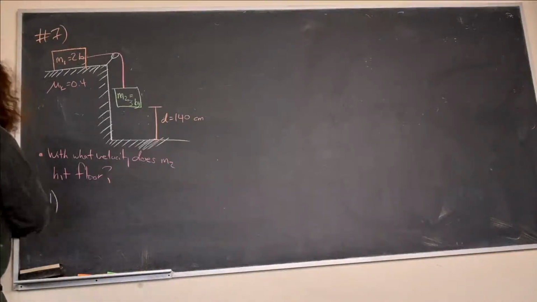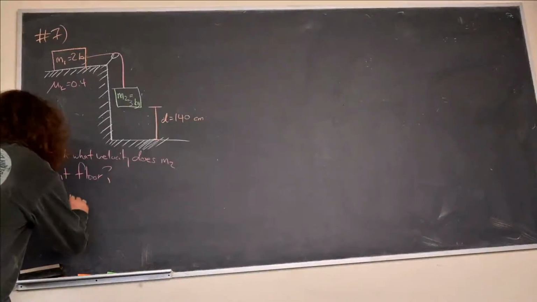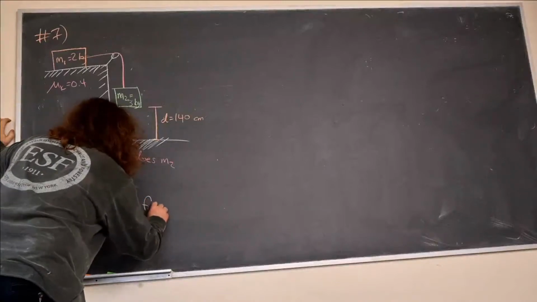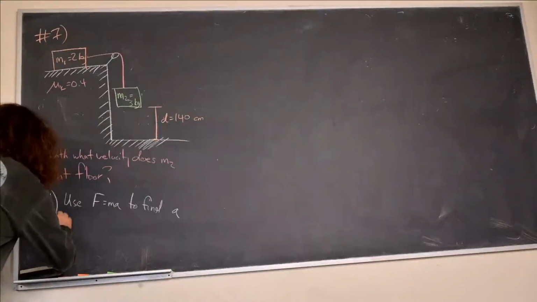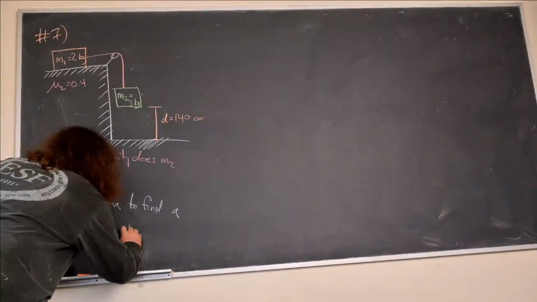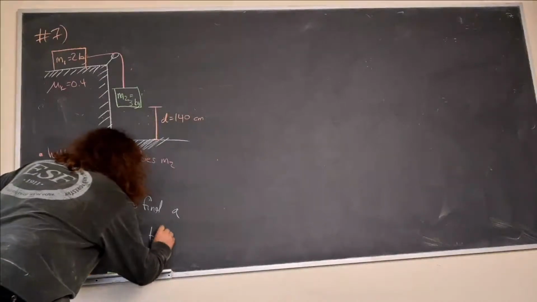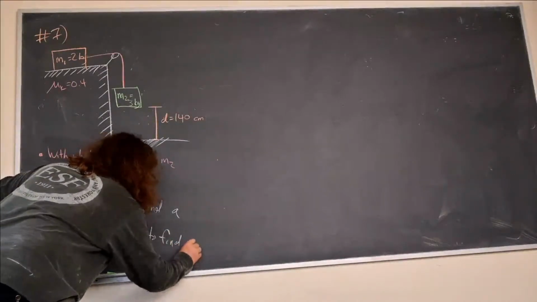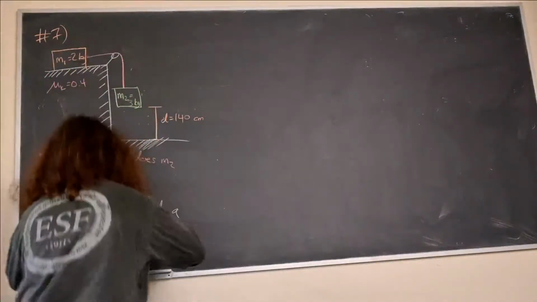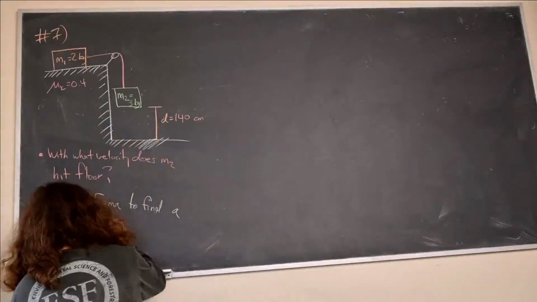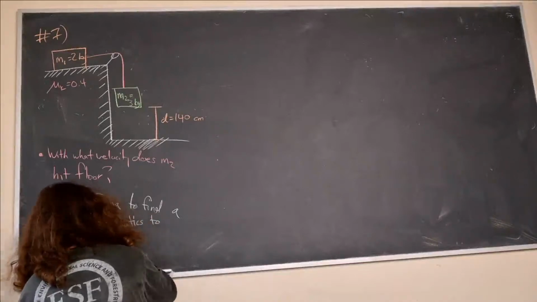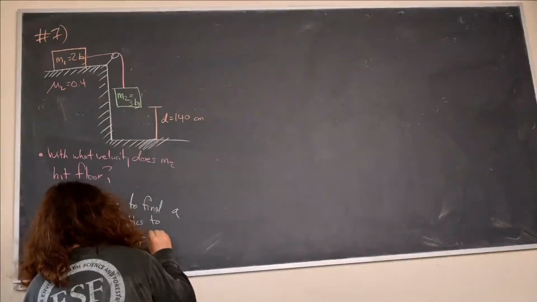So our 2 steps here are: first, use the things we've been doing to find the acceleration, and second, use our old kinematics tools to find the final velocity. So that's where we're headed.